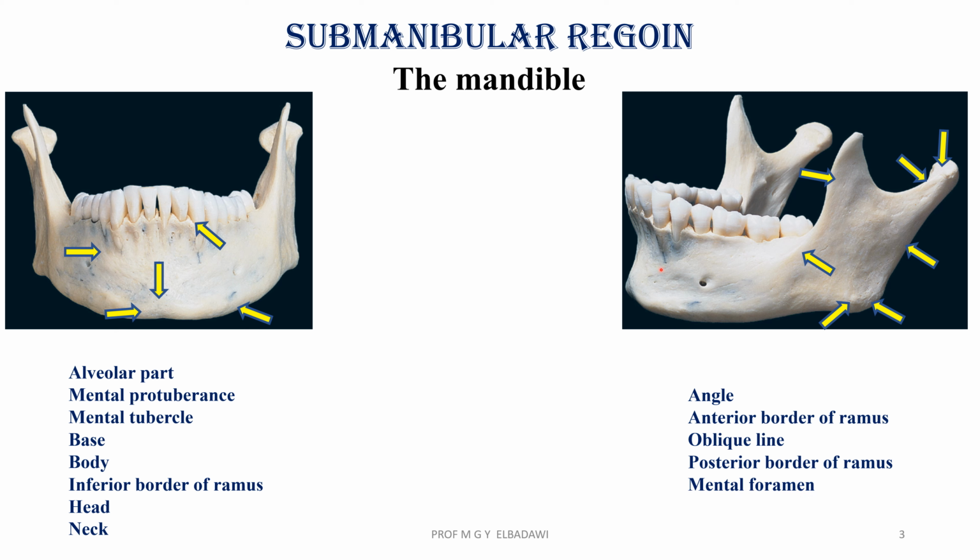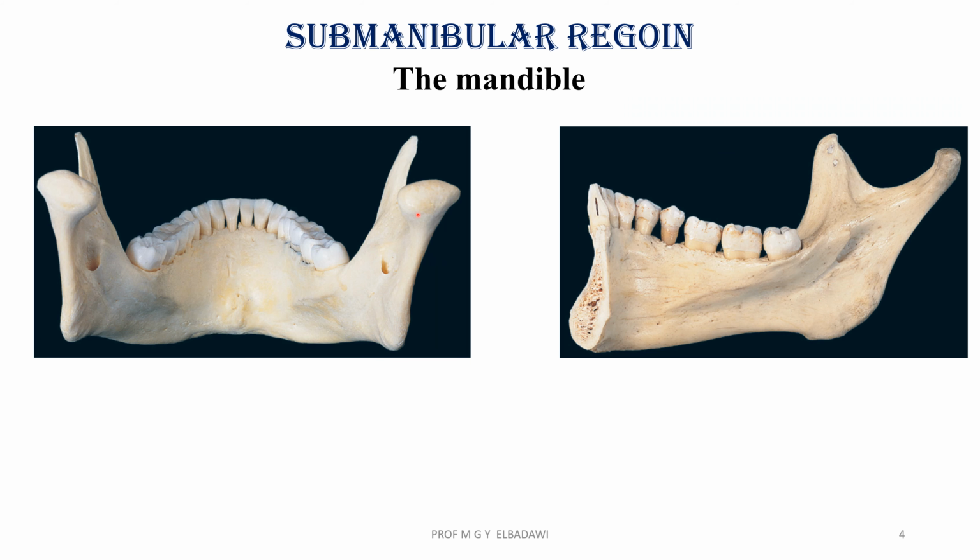And that is the mental foramen, which gives passage for the mental nerve and vessels from the inferior alveolar nerve and vessels, and this is connected with the mandibular canal in the body and ramus of the mandible. That is the ramus itself.